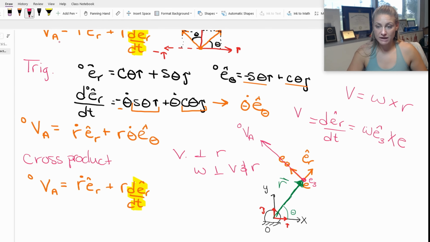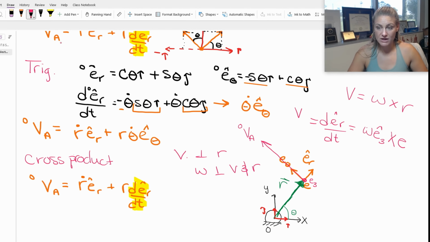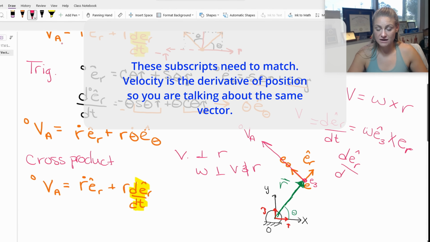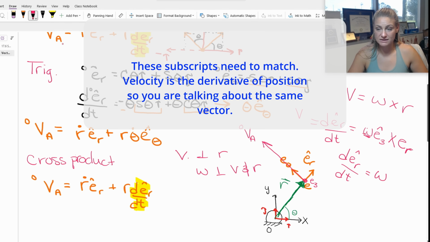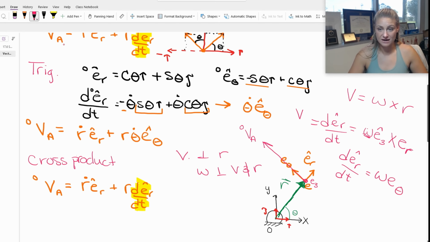Remember that I'm working with er here. This is the position vector that I want to take the derivative of, so that has to go here. Then the derivative of er is going to be omega e3 cross er, which gives you the third, which is e theta.